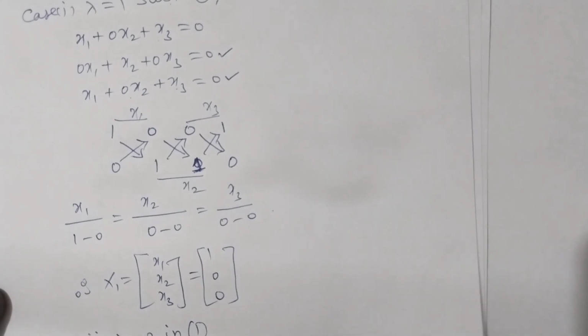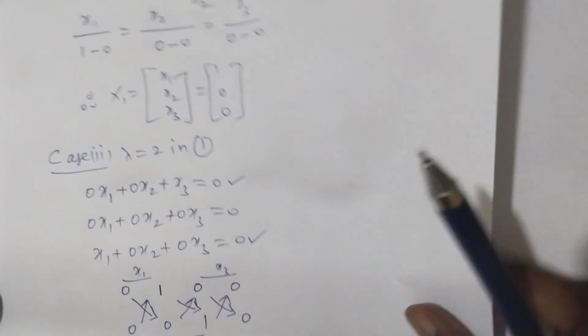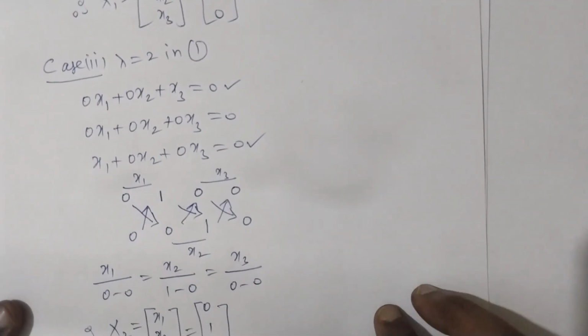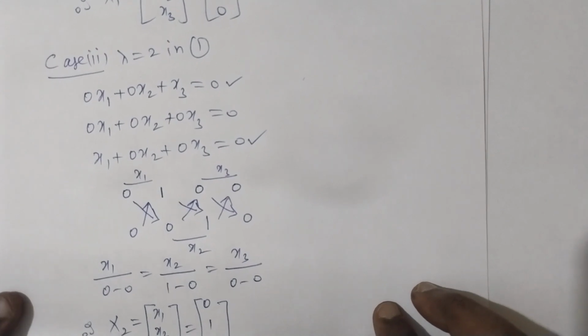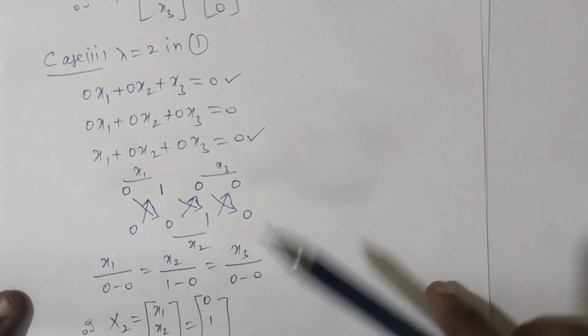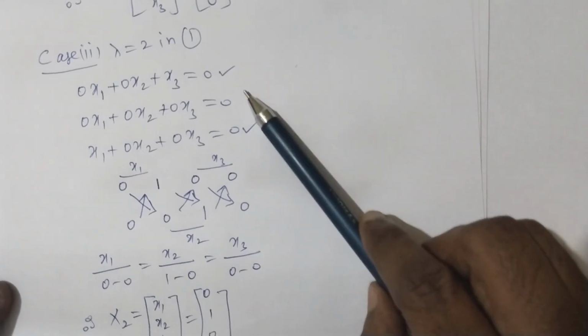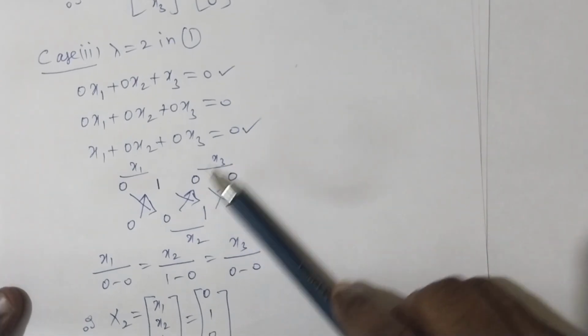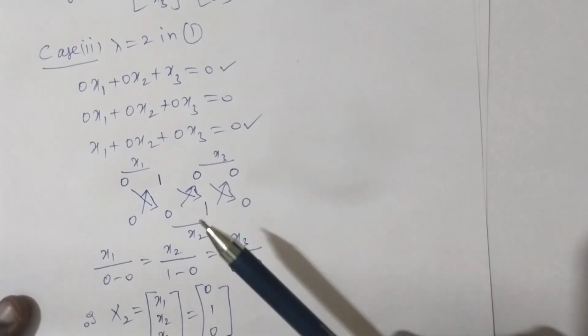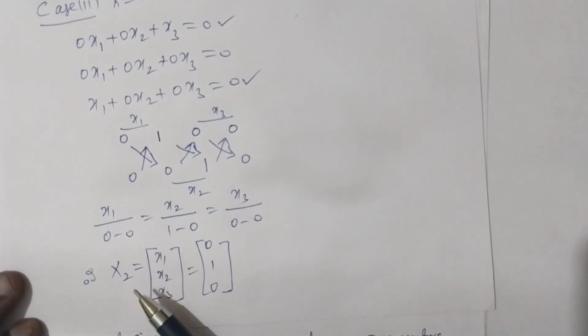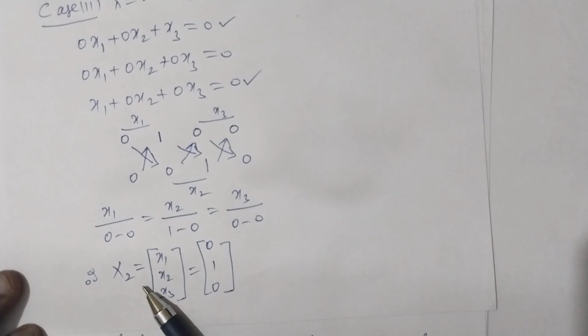Similarly, case number 2, lambda is equal to 2, substitute in 1, we get 3 equations. We select 2 distinct equations. Using the cross product rule, we find the second eigenvector x2 is equal to 0 1 0.